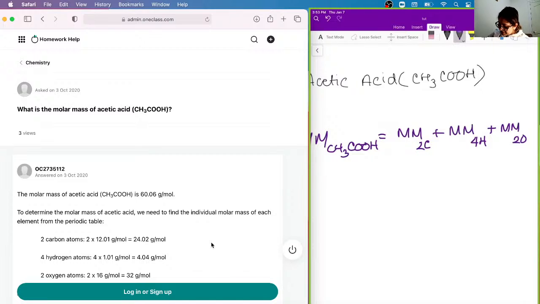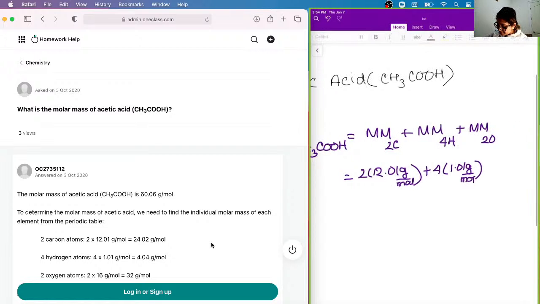The molar mass of 1 carbon atom is 12.01 grams per mole, and we have 2, so you would multiply this by 2. Then we would add this with 1 atom of hydrogen, which has a molar mass of 1.01 grams per mole. We would multiply this with 4 since we have 4 in this chemical formula.